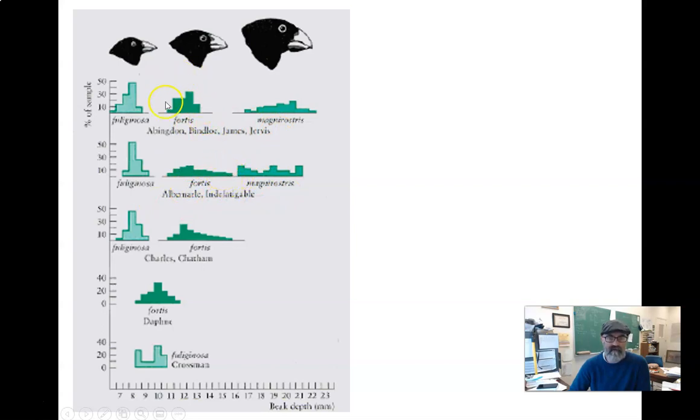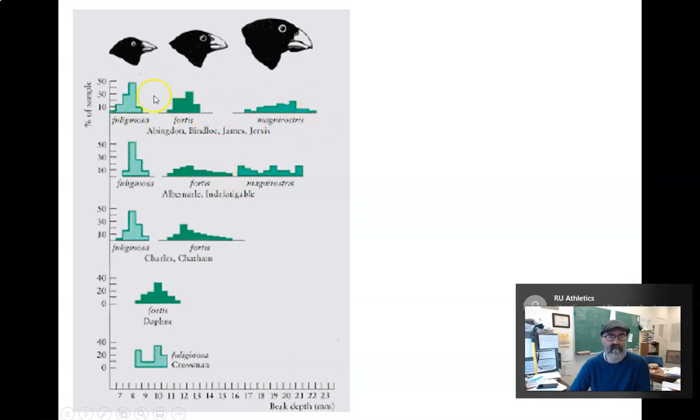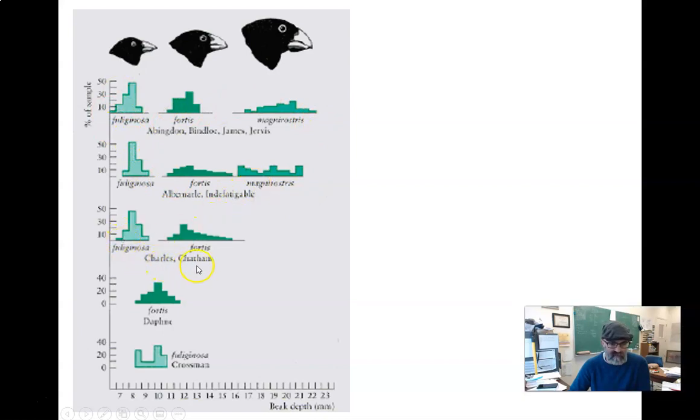Why? Fortis eats medium-sized food, magnirostris eats the big food, fuliginosa eats the smaller food, and we don't see overlap. On these two islands, Charles and Chatham, again we see largely the same pattern, even with the absence of magnirostris.